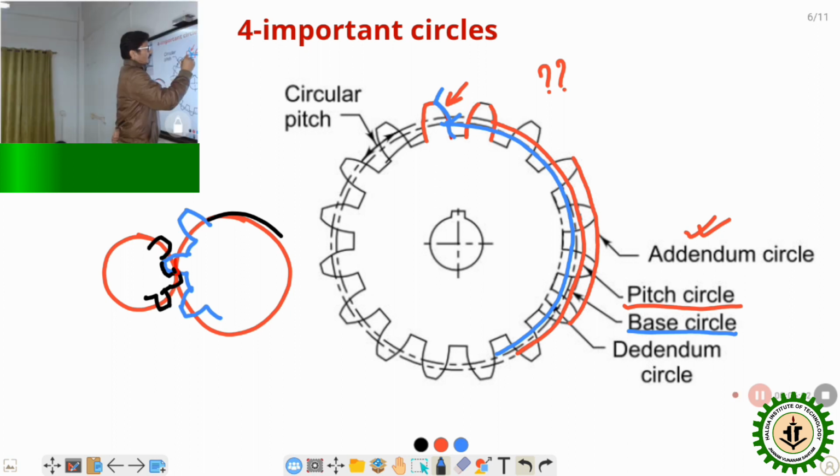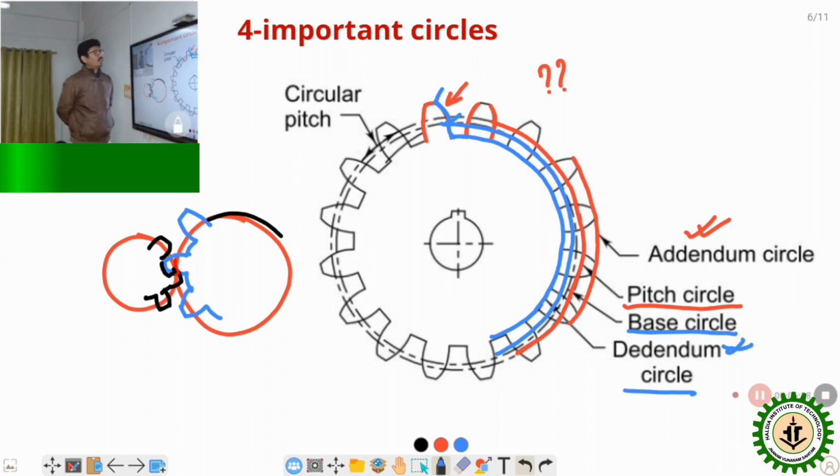The fourth circle is the root circle, or it is called the dedendum circle. It is the smallest imaginary circle where the tooth ends. So we need to know about these four circles. The largest circle is the addendum circle, which passes through the top of the tooth. The next one is the pitch circle, the imaginary circle where the tooth of the gear and the tooth of the pinion touch each other.